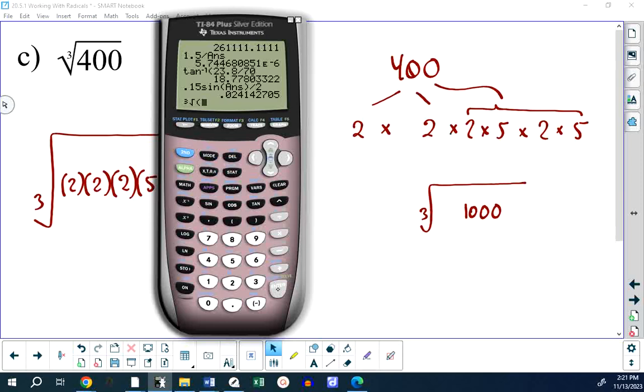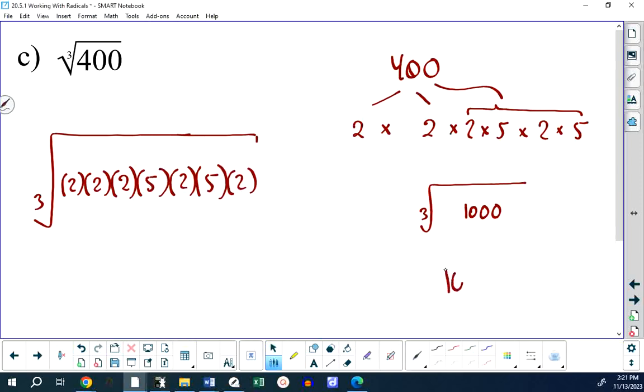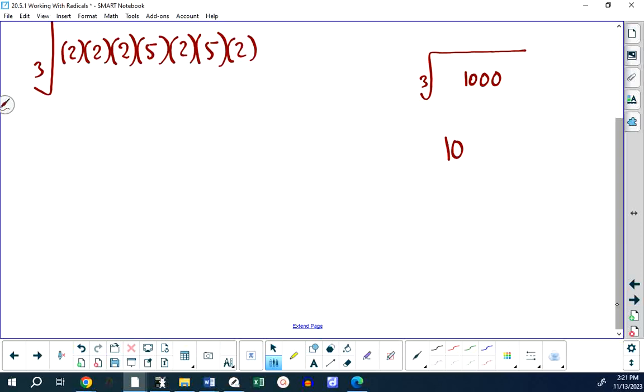Can somebody explain why the cube root of 1,000 is 10? And not because the calculator said so. Yep. There's 3 zeros in 1,000. Right, there's 3 zeros in 1,000.